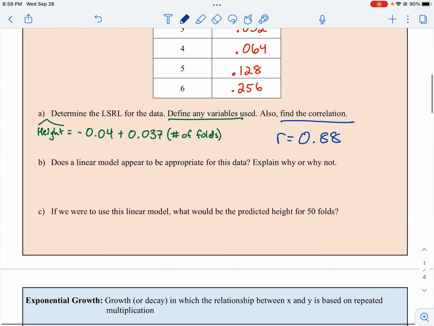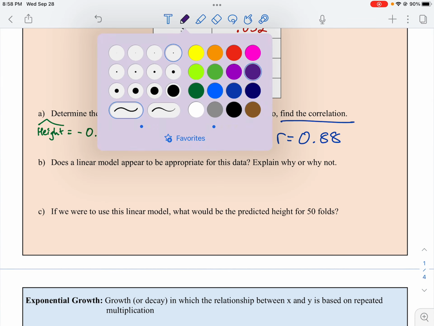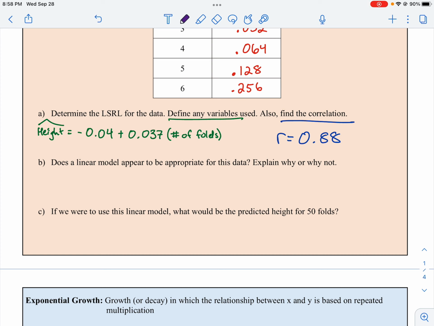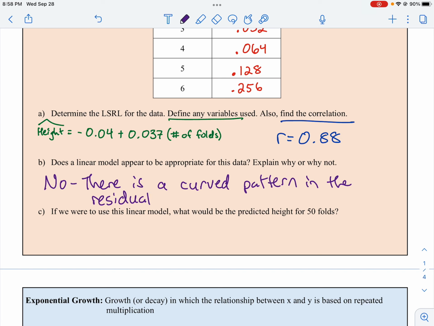Okay, so to answer this question, does the linear model appear to be appropriate for this data? No. There is a curved pattern in the residual plot. Or if you were to just go with the first option and just say there's a curved pattern in the scatter plot, that's also an appropriate answer to do. But long story short, we see that our dots weren't forming a linear pattern.